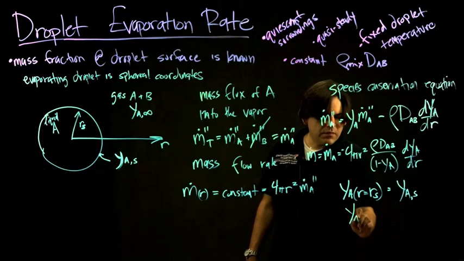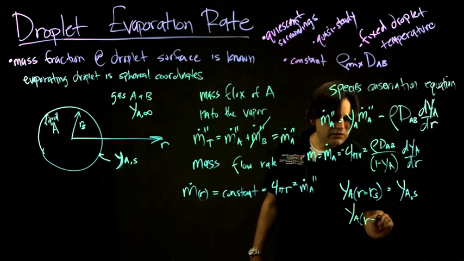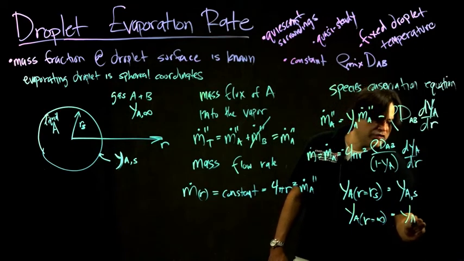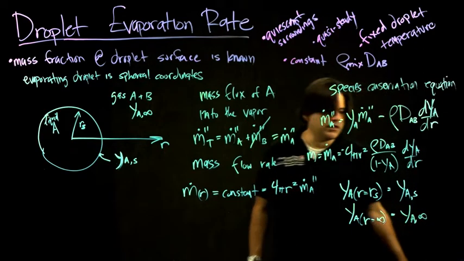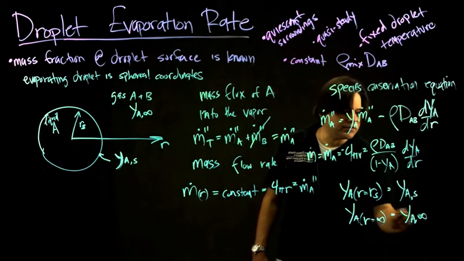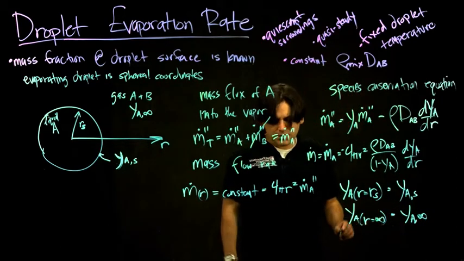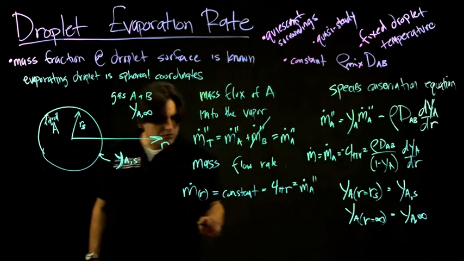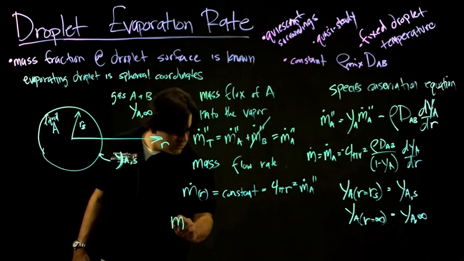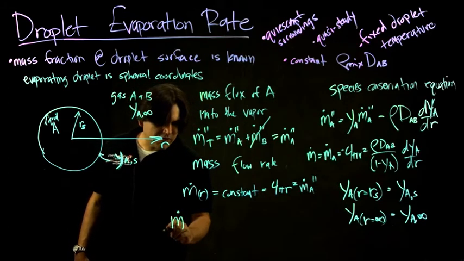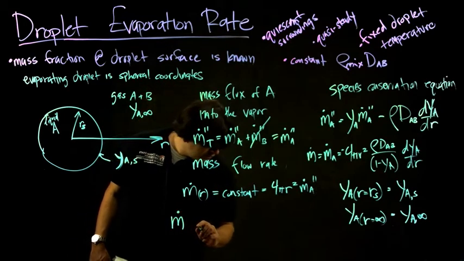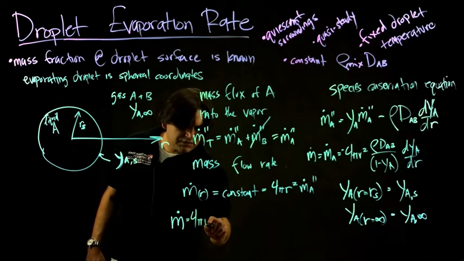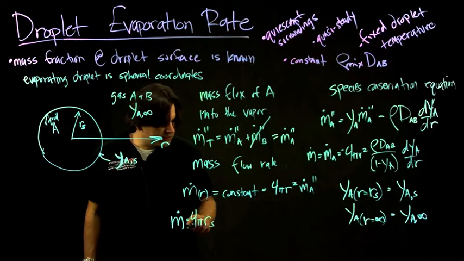And at the far boundary, at r equals infinity, you have a far stream mass fraction of A. Should be infinities here. Okay? So applying those, you would get the mass flow rate coming out of this droplet surface is a combination of all these and solving for the differential equation.